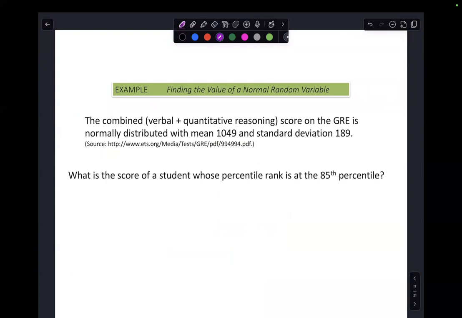So the GRE is a standardized test. It's normally distributed with a mean of 1049 and a standard deviation of 189. We want to know what score a student has if they're in the 85th percentile. So it looks like this. If I did 85%, it's somewhere over here.